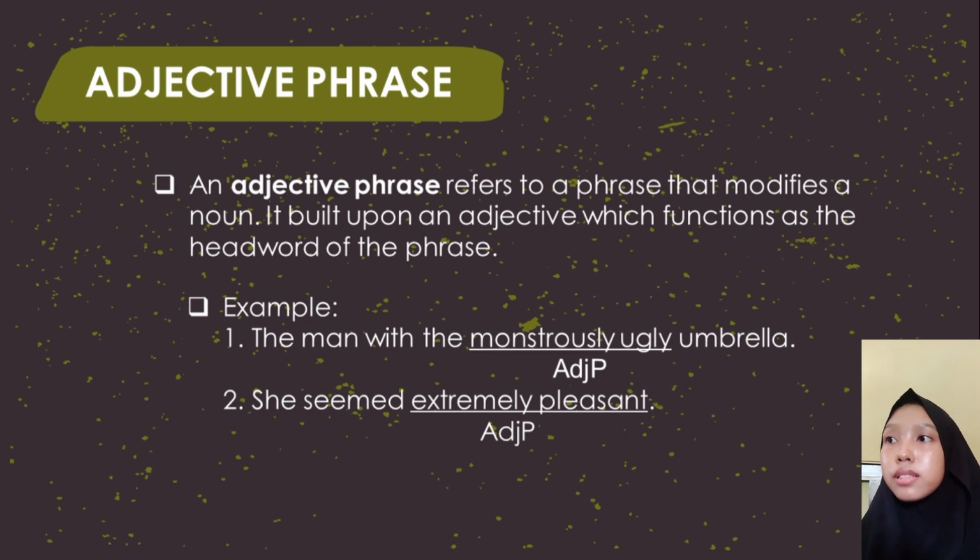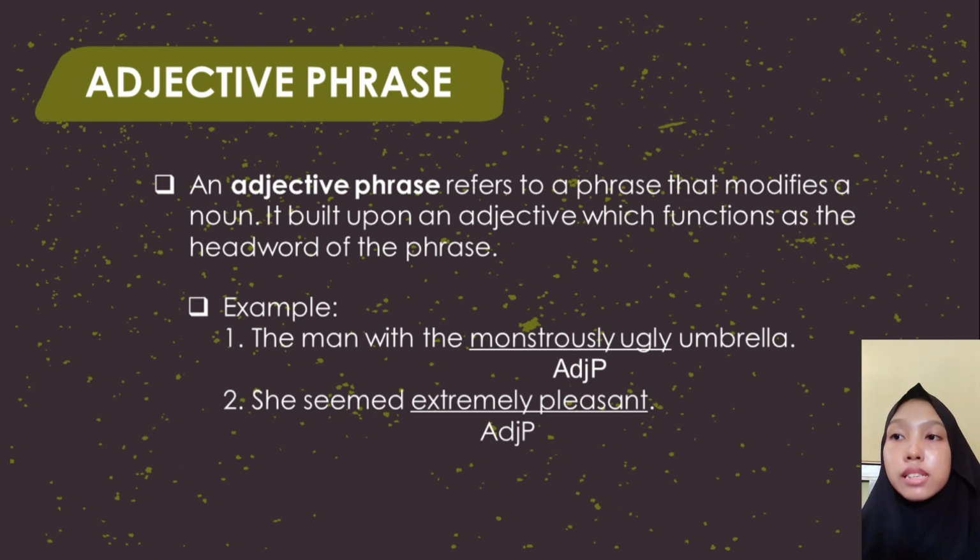Next, adjective phrase. An adjective phrase refers to a phrase that modifies a noun. It's built upon an adjective which functions as the head word of the phrase. Example: the man with the monstrously ugly umbrella.